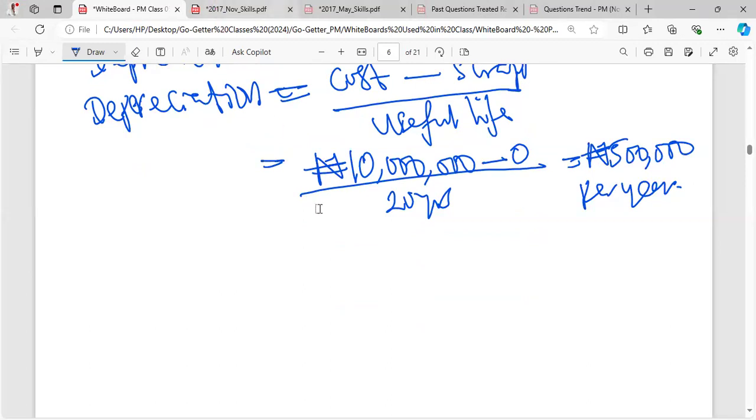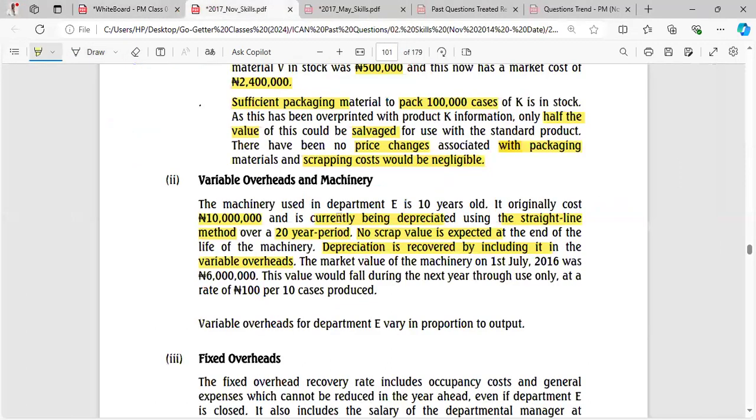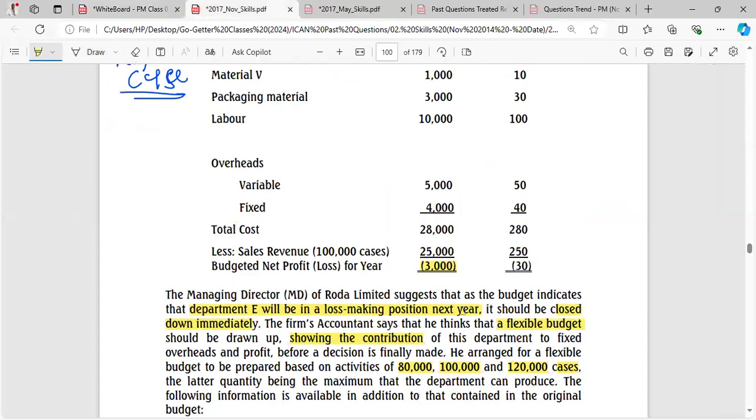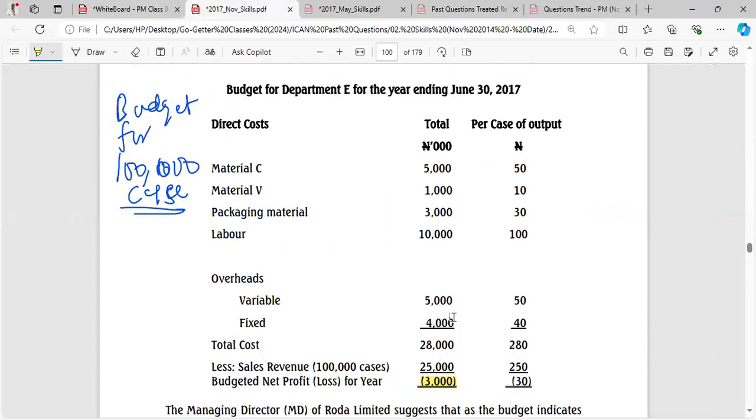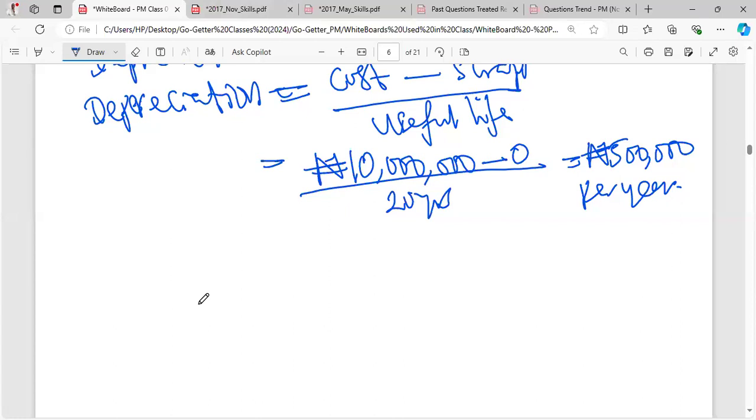In this budget, they have done for 100,000 cases. So they have budgeted for 100,000 cases, and the variable cost is inclusive of that depreciation. So we need to know how much is the depreciation per case.